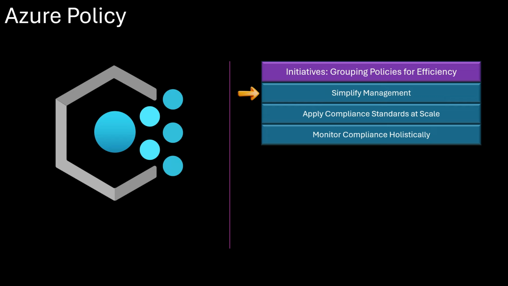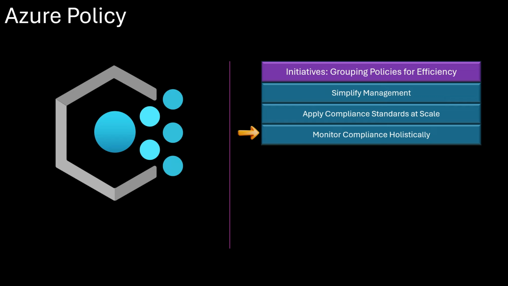So certainly this simplifies the management. For example, if you need to enforce ISO 27001 compliance, you can create an initiative that includes multiple policies aligned with ISO 27001 requirements.